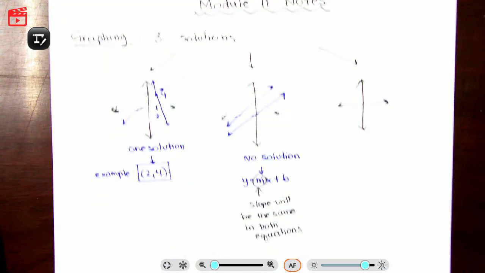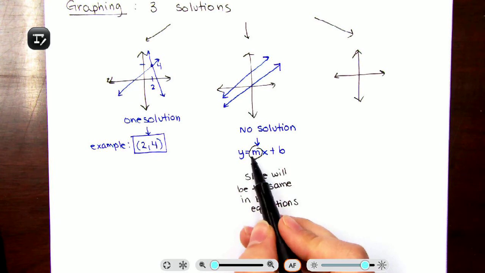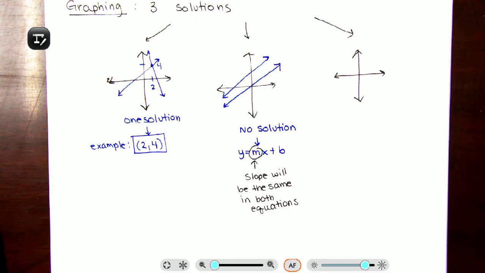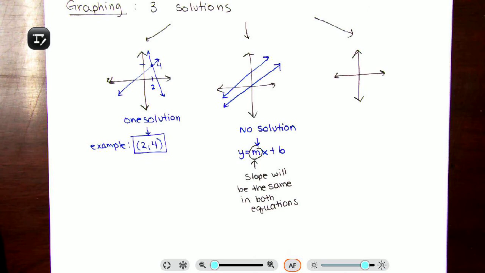Technically, if you look at your equations in y equals mx plus b form and the m value is exactly the same, then there should be no solution. The b value, or y-intercept, will be different. The only thing that will be the same is the slope.